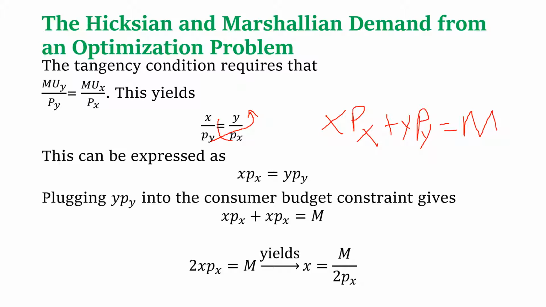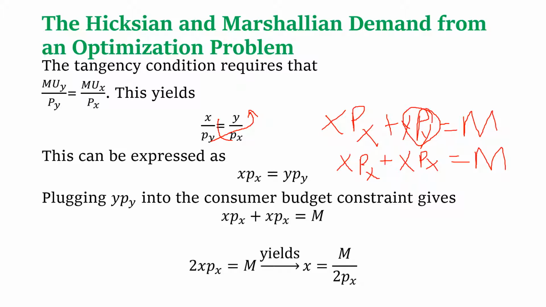So in this case, because ypy is xpx, we just remove this ypy and write xpx. And then we have our plus here, we have our x, and then x, and this equals m, right?